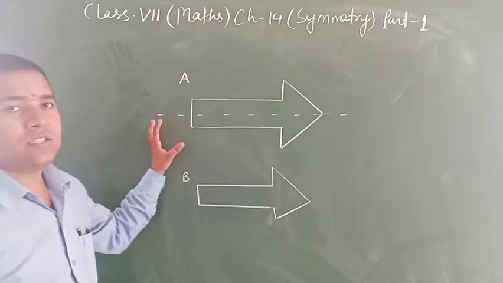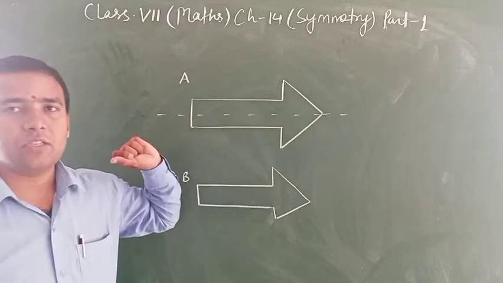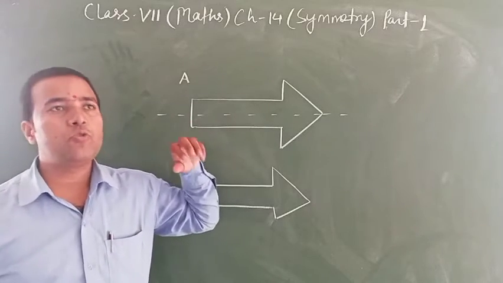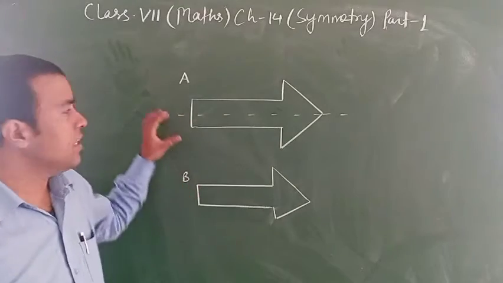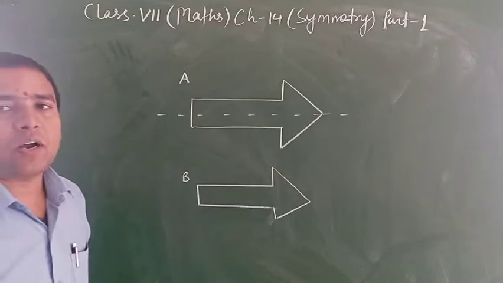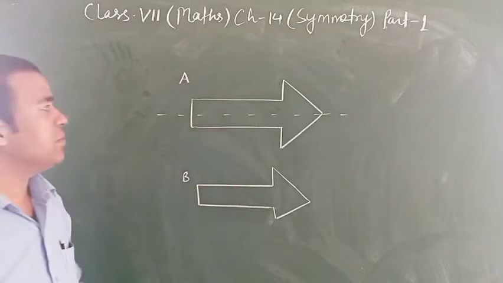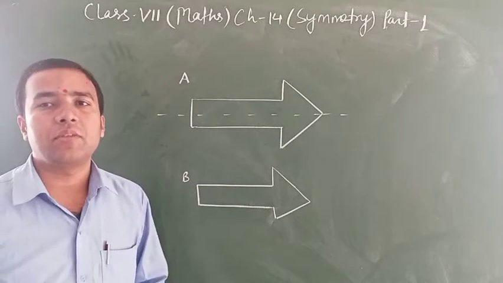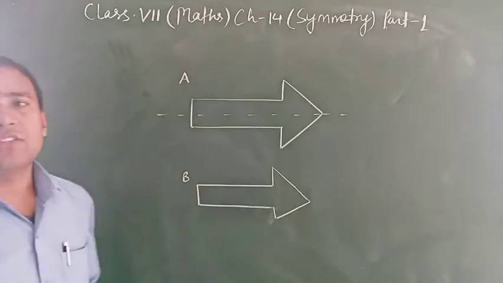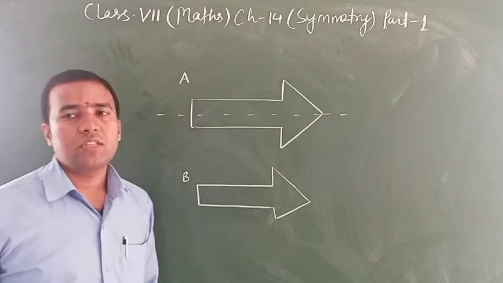Line of symmetry means any line splitting a shape into two parts such that the two parts are the same is called a line of symmetry. These parts are also said to be symmetrical to each other.